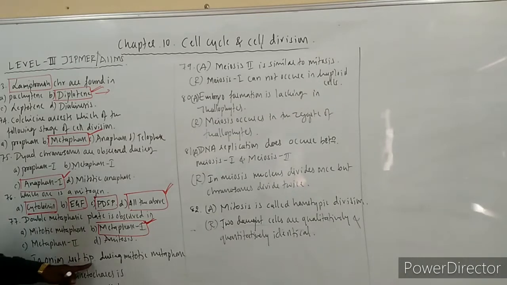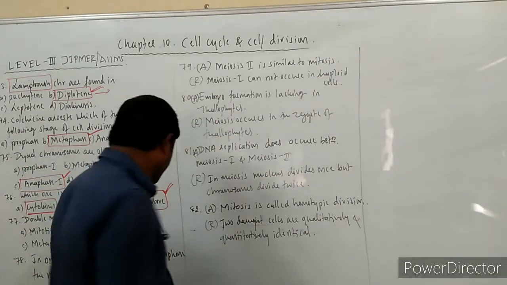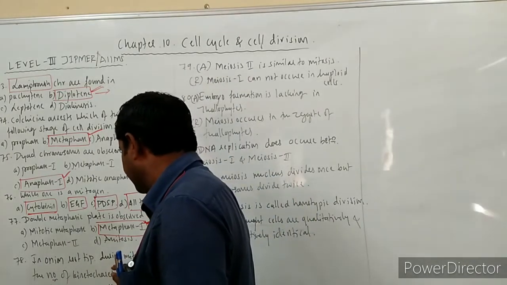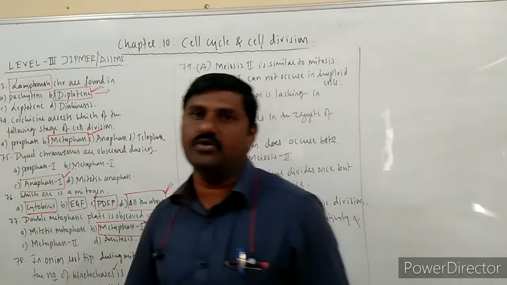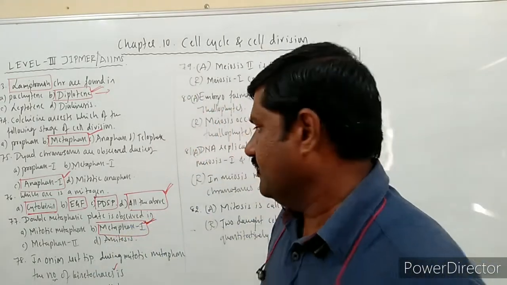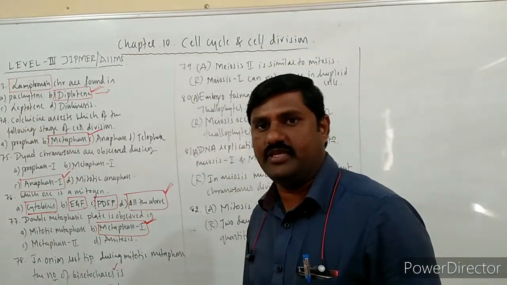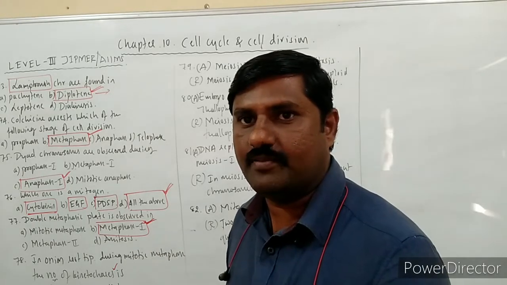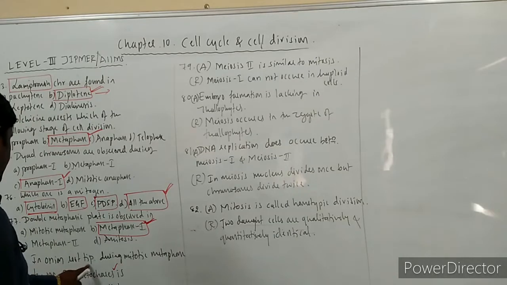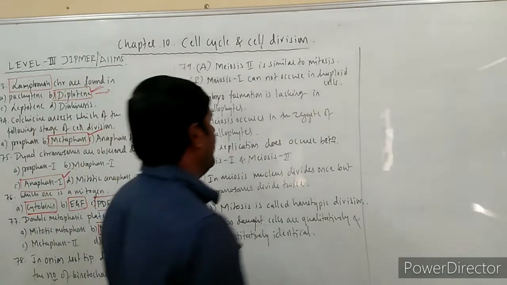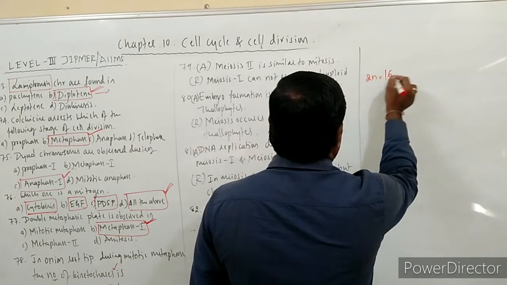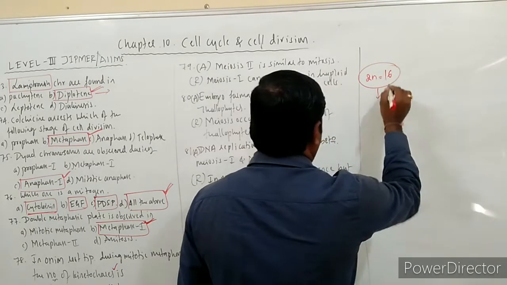Next one, in onion root tip, during mitotic metaphase, the number of kinetochores he is asking. The number of kinetochores for each chromosome is 2, right? On either side of the centromere. So you calculate double the number of chromosomes yourself. In onion root tip, the diploid cells have 16 chromosomes.